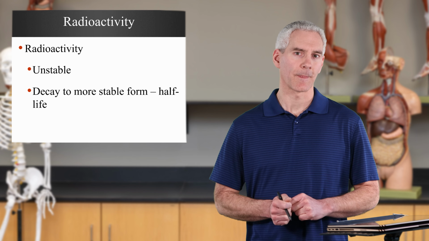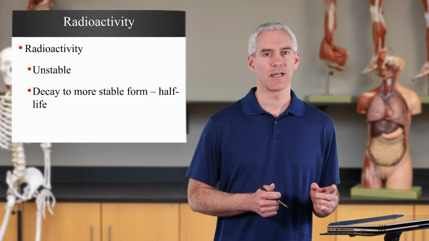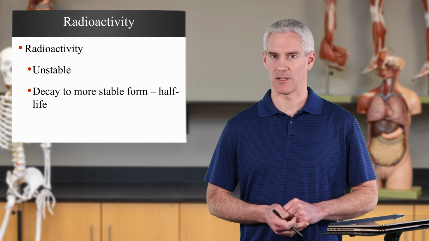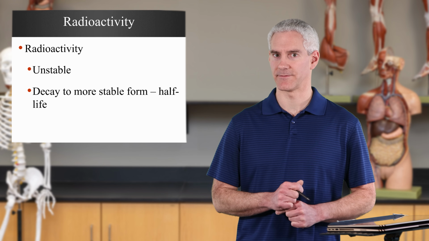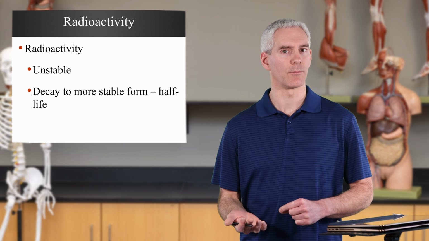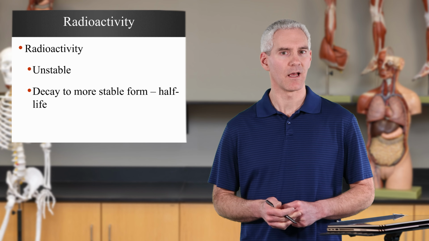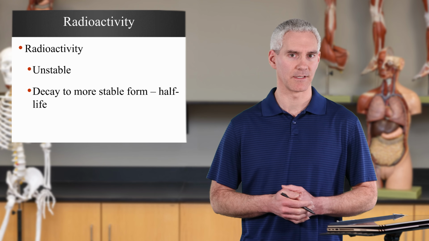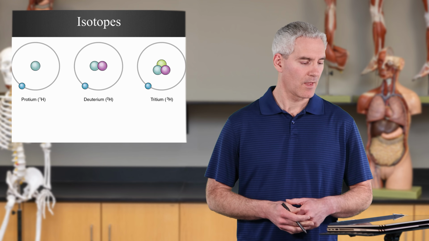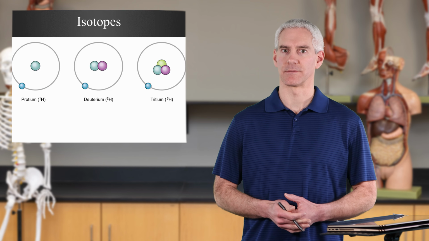Radioactivity. Radioactivity can go with unstable elements. Sometimes the isotopes are radioactive, which means the isotope with those extra neutrons isn't really stable. So here we have an example of hydrogen.